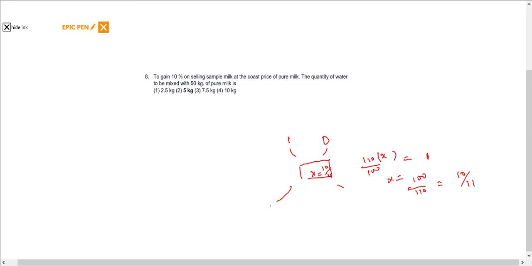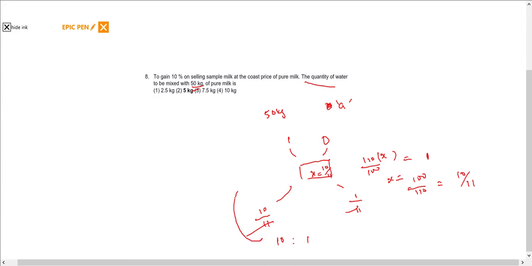Now let's do our alligation. So this is 1 by 11 here, and this is 10 by 11. This 11 and 11 get cancelled, and what I am left with is 10:1, and it is given the quantity of water to be mixed with 50 kg of pure milk. So I'm mixing 50 kg of pure milk with, let me say, a quantity of water.